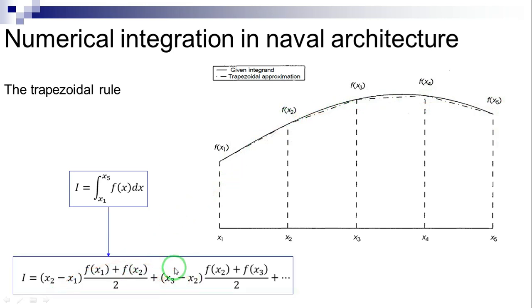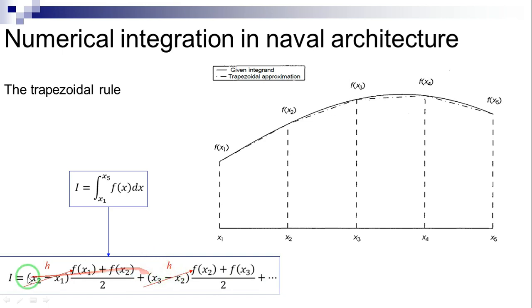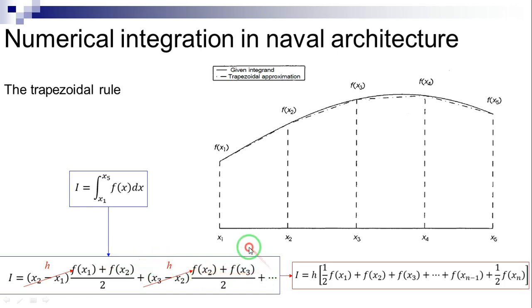So here we can see the equation obtained using the trapezoidal method. The differences x2 minus x1, x3 minus x2, etc. can be assumed to be a constant value h for constant x spacing. Therefore, the integral equation can be reduced to a simpler form as we can see here.